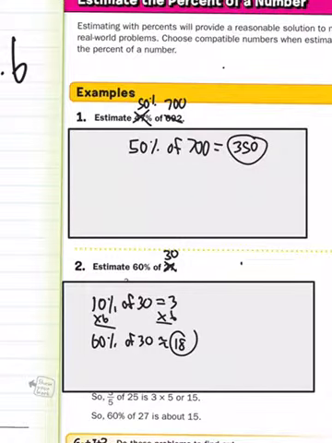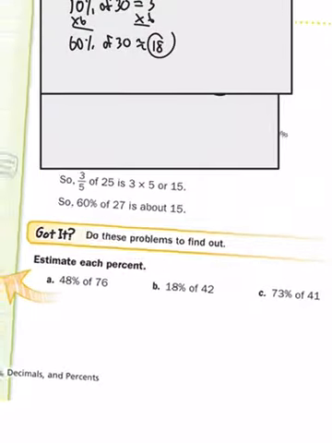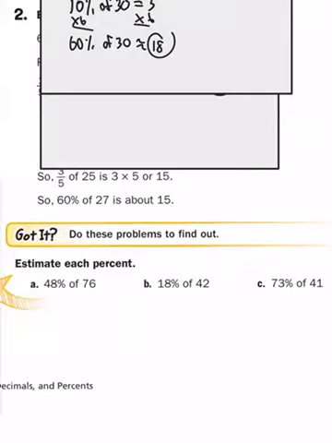So remember, if you can find 10% of a number, you can find 20%, 30%, 40% just by multiplying. All right, why don't we go down and we'll do a couple problems together down below. If you want to, you are welcome to do A, B, and C on your own and then come back and watch.